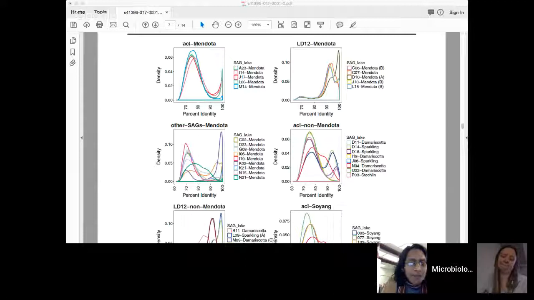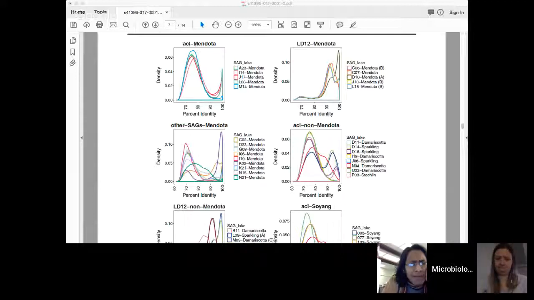In this plot, it's possible that one read got recruited to multiple SAGs. It could be that it got recruited to its sequence-discrete population partner, up here at the really close to 100 peak. But it could potentially also have gotten recruited to one from a different lineage, a different population.